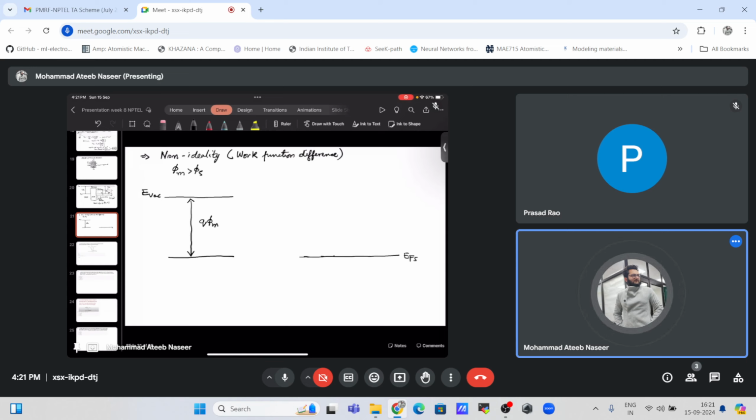It will be straight also, but what would happen at the interface will be more p-type now, because it has given electrons to the metal.